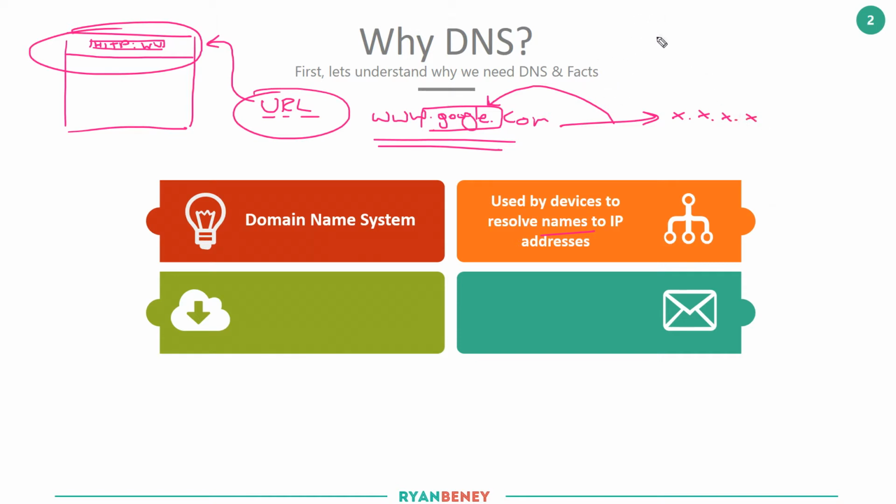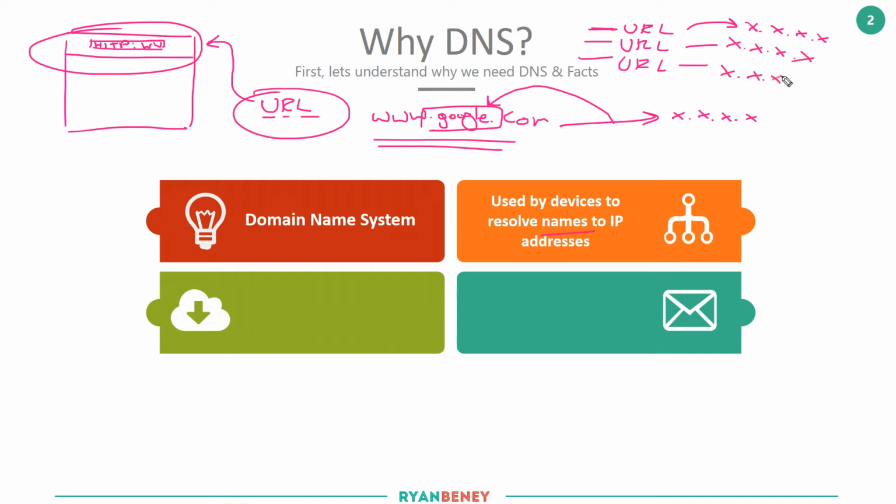So there needs to be a database of human-friendly URLs or names and a corresponding IP address for the PC. So ultimately, a DNS server, which is normally out on the internet, which we'll talk about in a moment, is a list of URLs, a database of URLs, with its corresponding IP ranges.